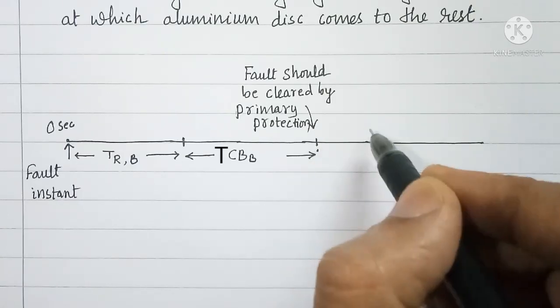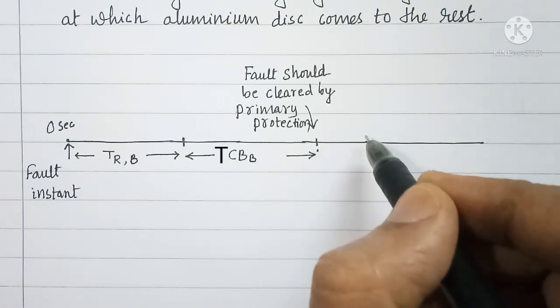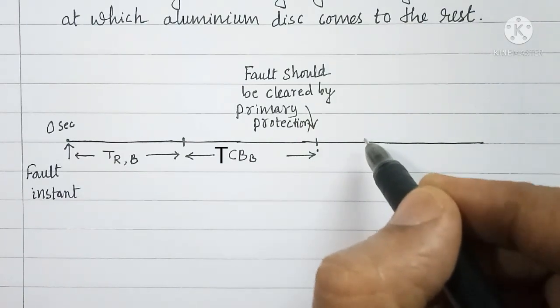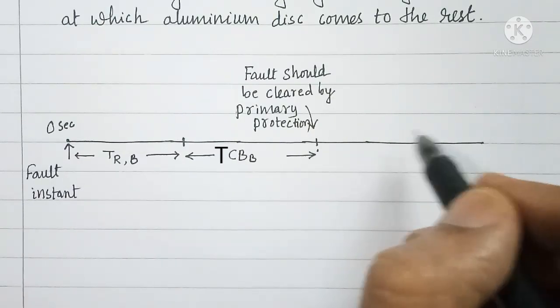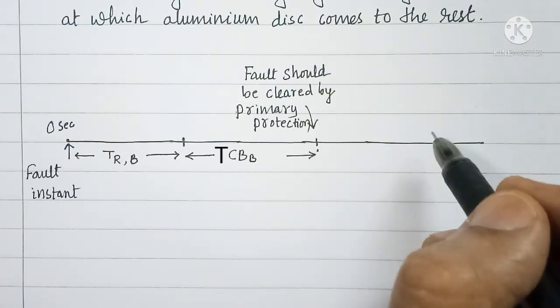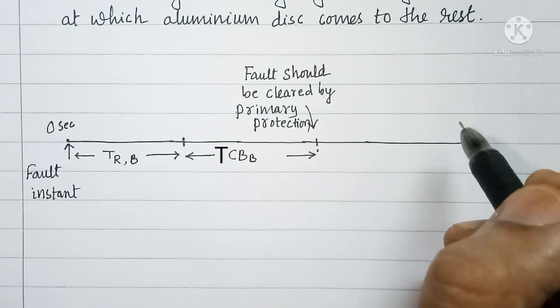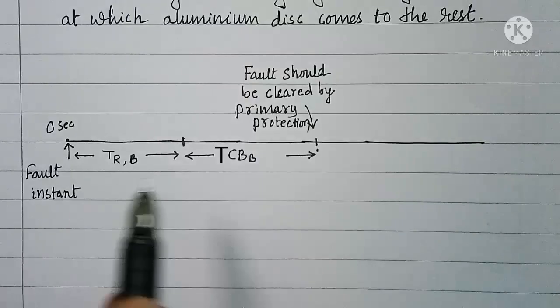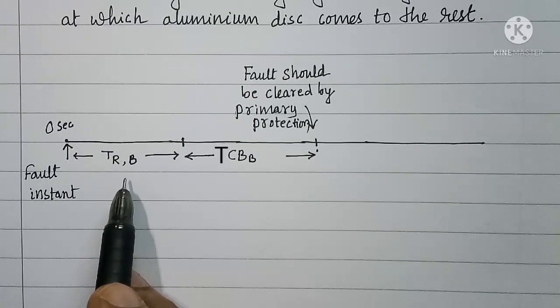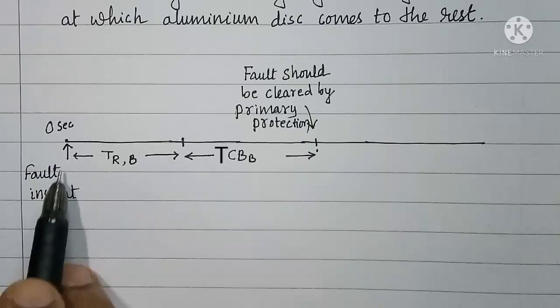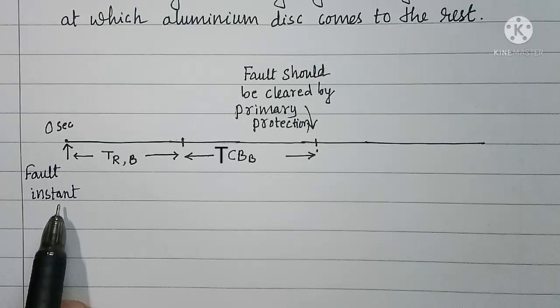If it does not happen so, then the backup protection has to clear the fault. We know that primary protection relay and backup protection relay both start at the instant of occurrence of fault only.